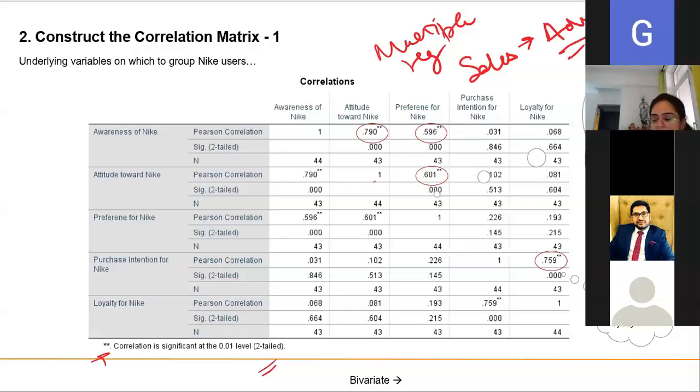And say you are doing multiple regression and you have advertisement as one independent variable and distribution channel as your second independent variable, and there is a high correlation between advertisement and distribution channel. Is it a good thing or not? If the dependent and independent variable have high correlation, then it's a good thing. But if two independent variables, advertisement and distribution channel, have high correlation, is it a good thing or not?